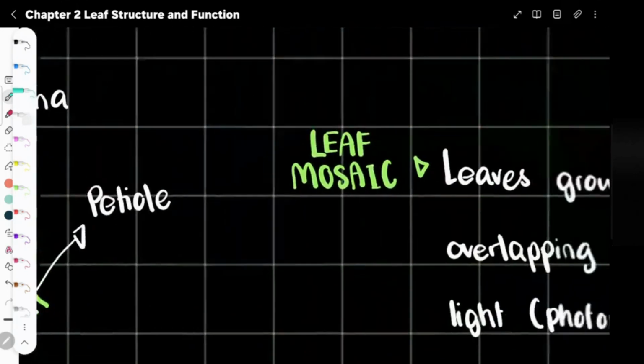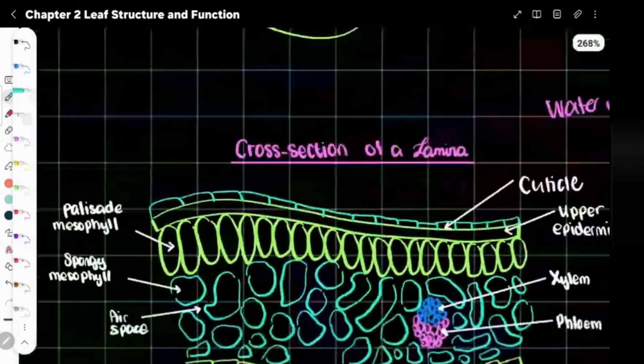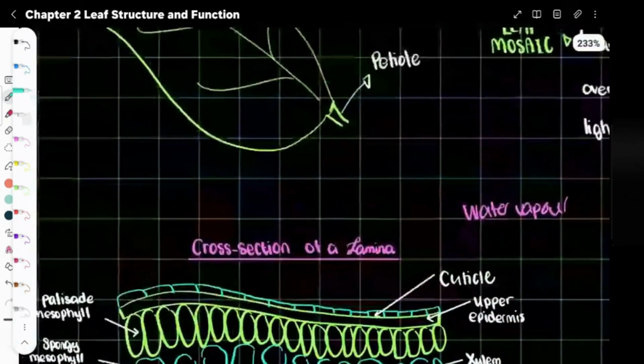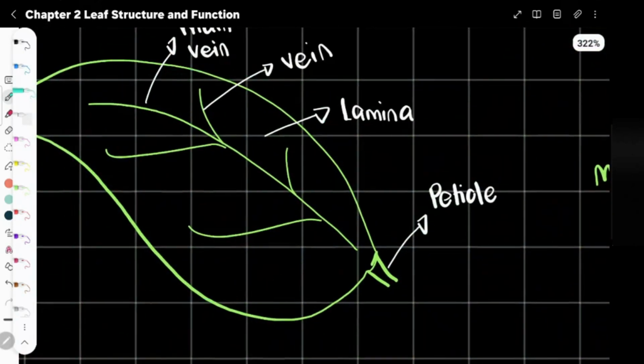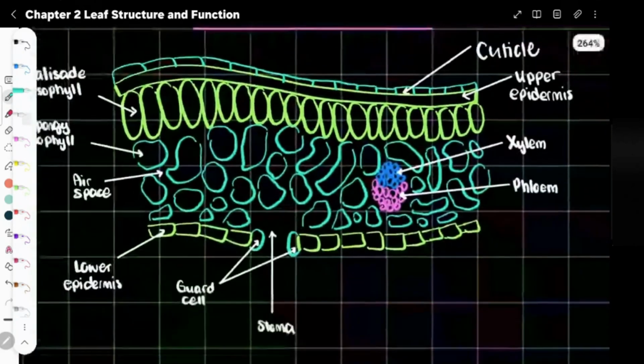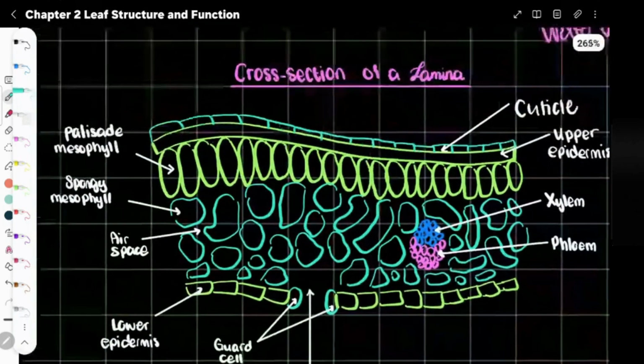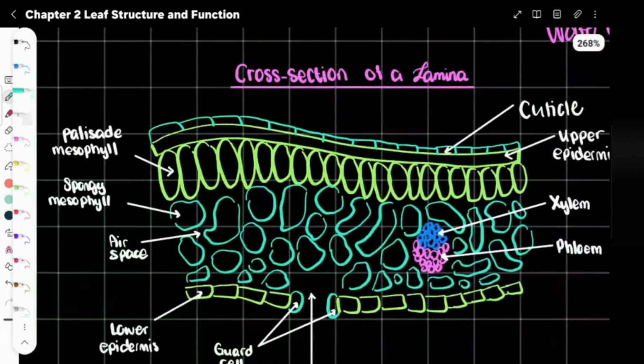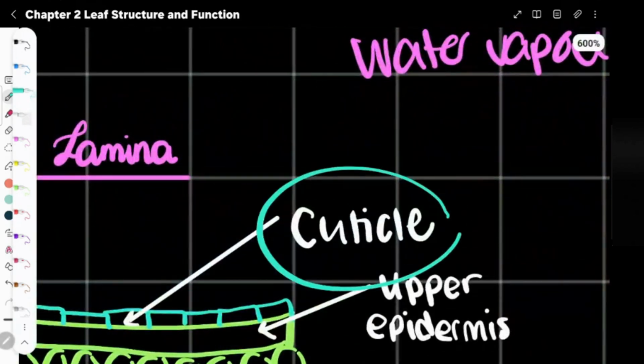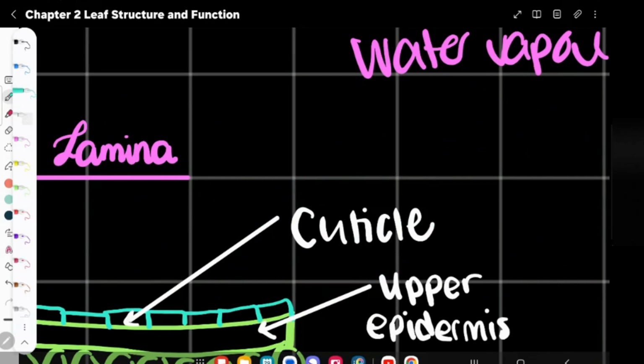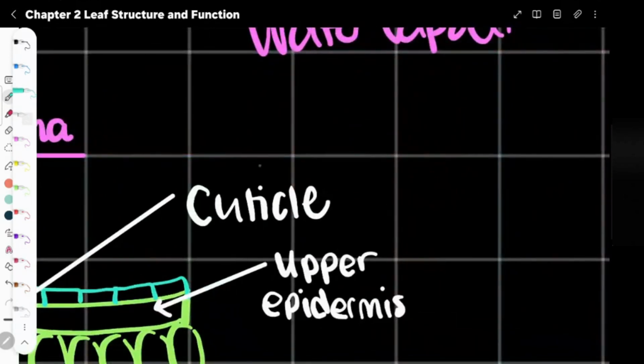Now let's move on to the topic here. If you were to cut this leaf into a cross section, this is a cross section of lamina. From last time, I explained, the leaf has cuticle on top. Where is cuticle coming from?